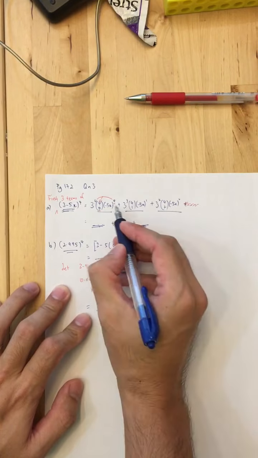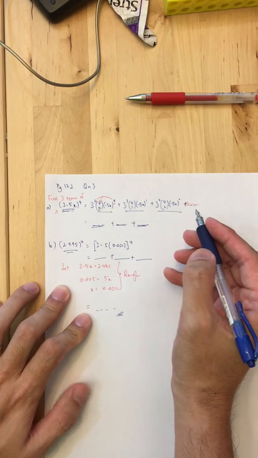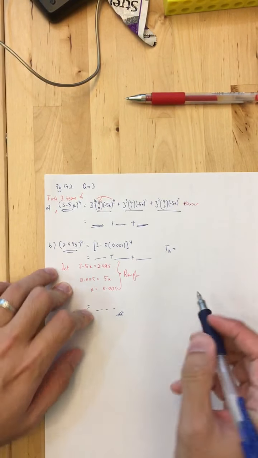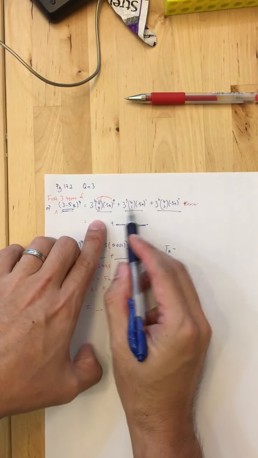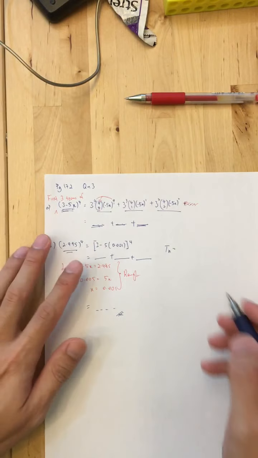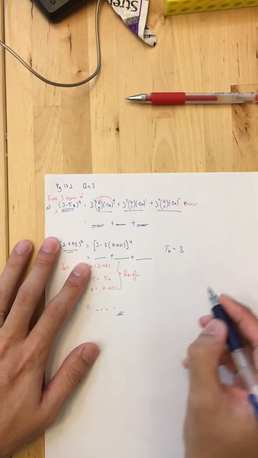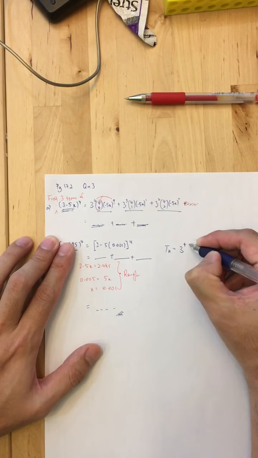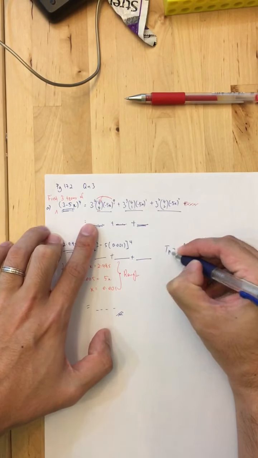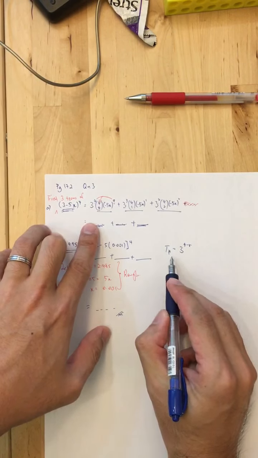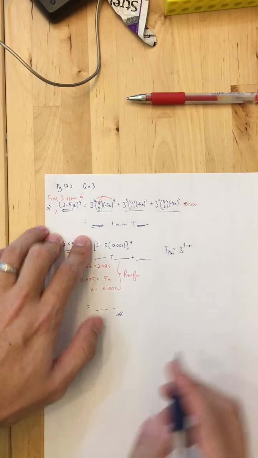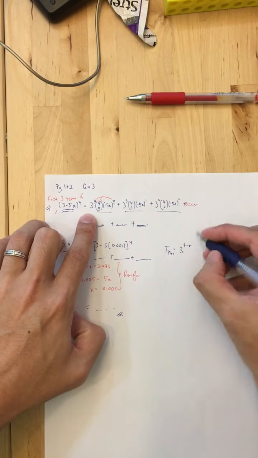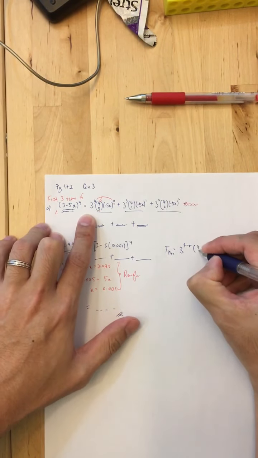So if I call it a general term, to represent each term, in general, it's the same as having 3 to the power of 4 minus r, I call it the r plus 1 term, 4 to the power of r.